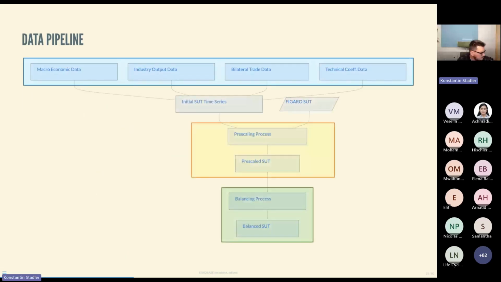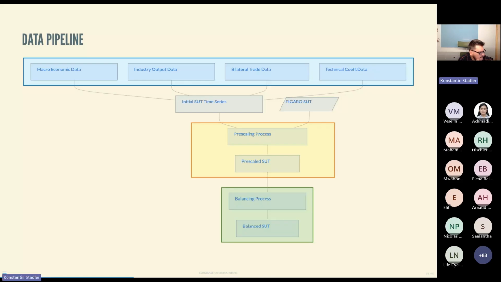With these data sources, we built four internal databases: one on macroeconomic data, one on industry output, one on the trade data, and one on the technical coefficients. We make these four data sources internally consistent and then combine them into initial supply-use tables. The supply-use tables are basically input-output tables separated into supply and use.